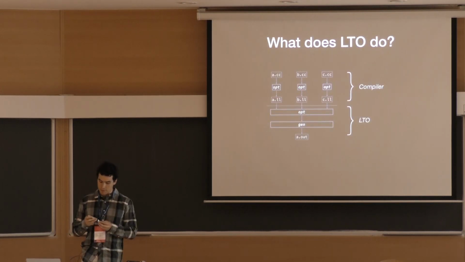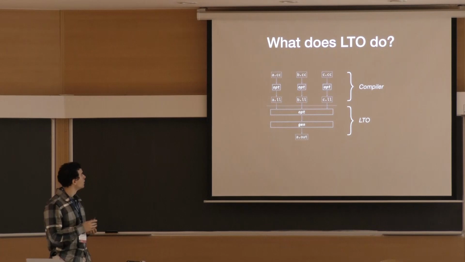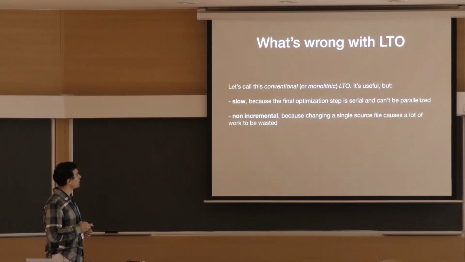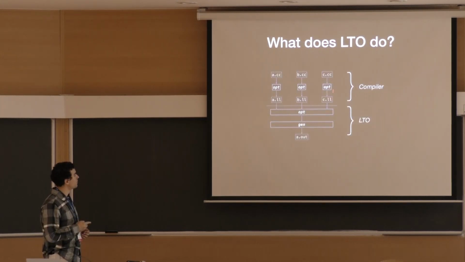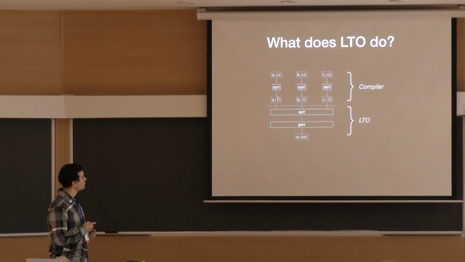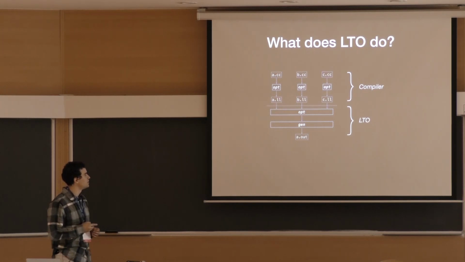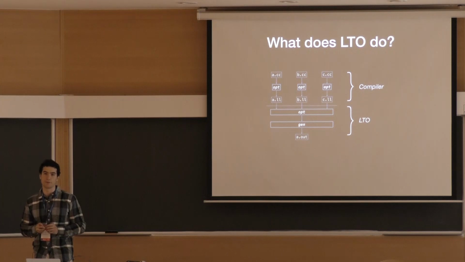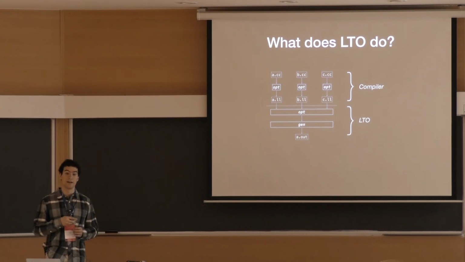So what does link time optimization actually do? The first chunk from the top is similar to what we had before, right? We take each individual source file, but we don't generate the machine code. We actually stop at an intermediate representation of the machine code. These are .ll files, which is, for example, the intermediate representation that's used by LLVM throughout the compilation process.